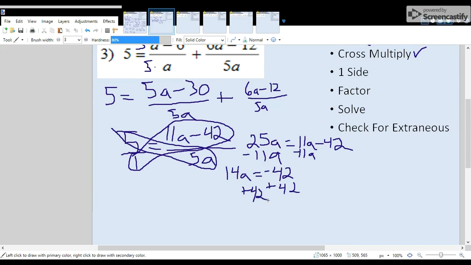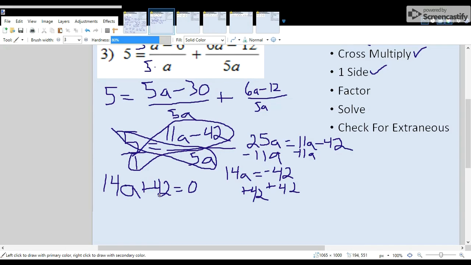We can't add a's and constants together, so we just write it out like this. 14a plus 42 equals 0. So we're done with that step. Okay, step 5, you're going to factor out everything you can.